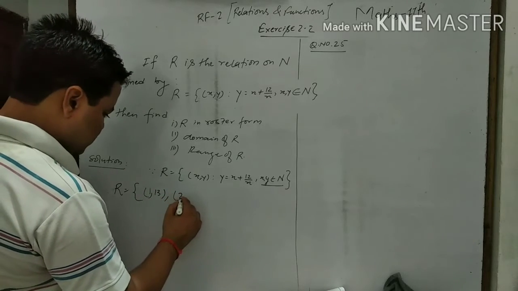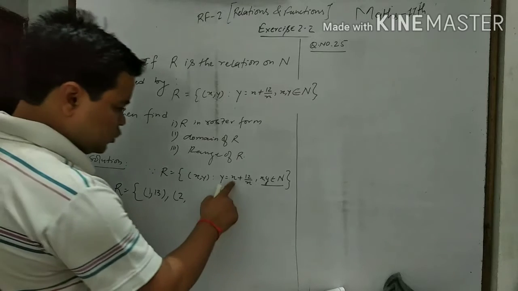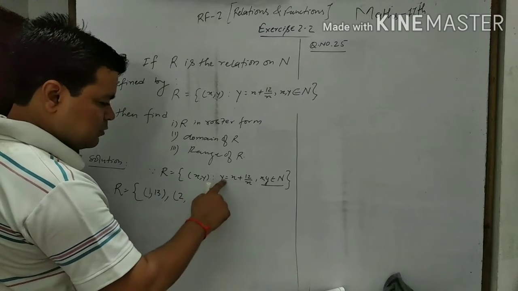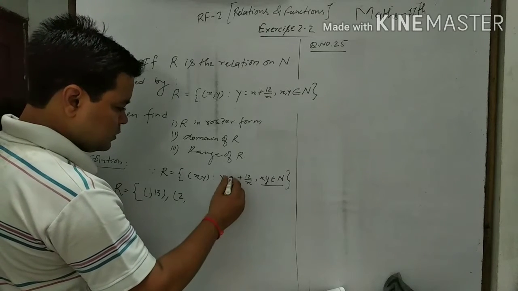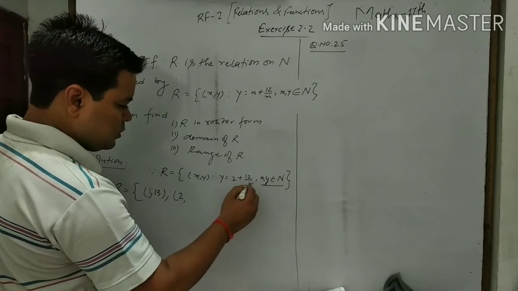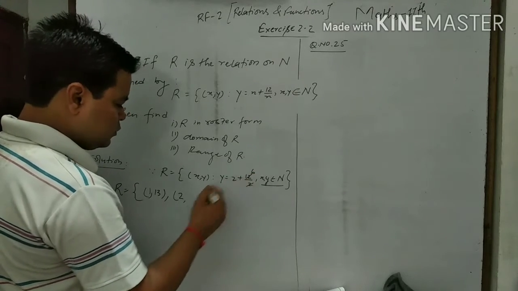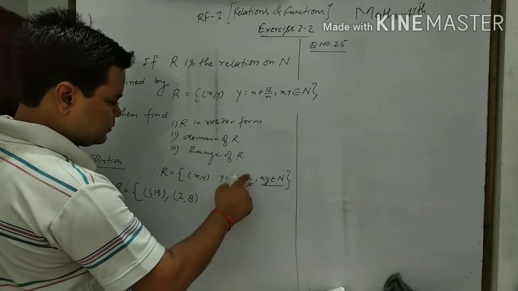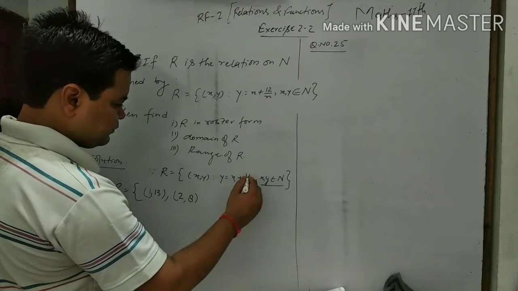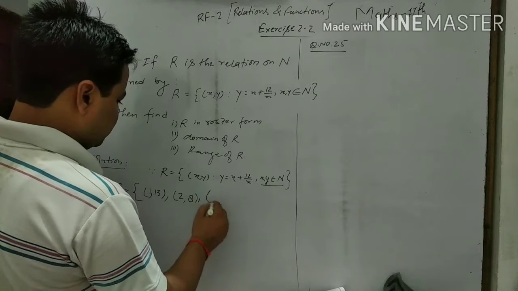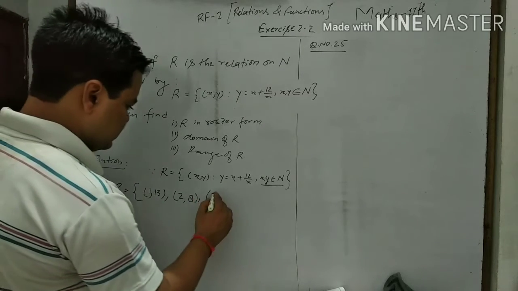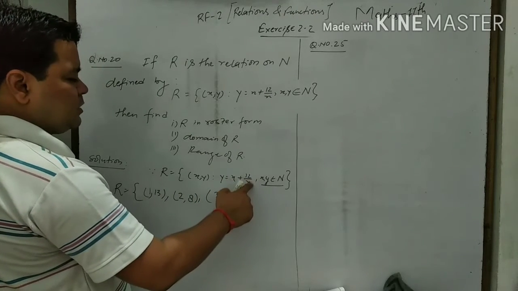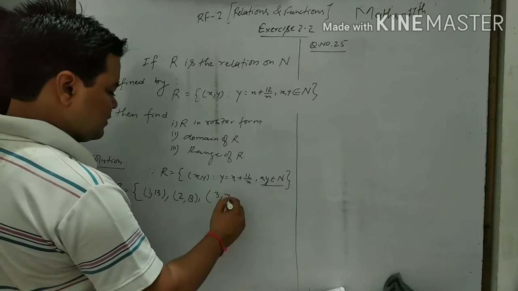Now, if x = 2, then y = 2 + 12/2. 2 sixes are 12, so it is 6, and 2 + 6 is 8. Similarly, if x = 3, then y = 3 + 12/3, and 12/3 is 4, and 3 + 4 is 7.